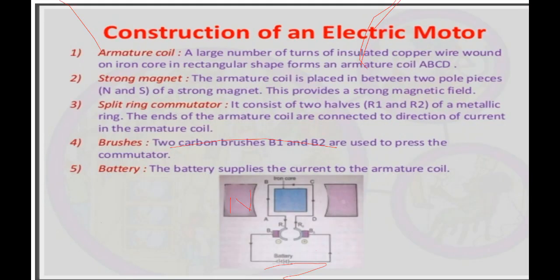Because of these split rings, you can see there are two halves, and when the coil rotates, at that moment there is no supply, no connection with these brushes.